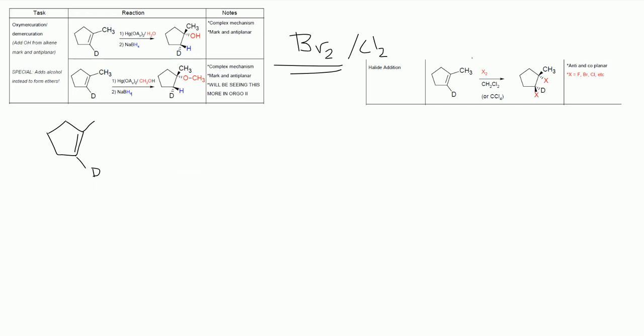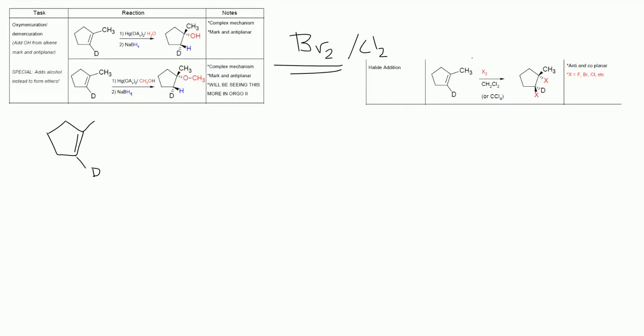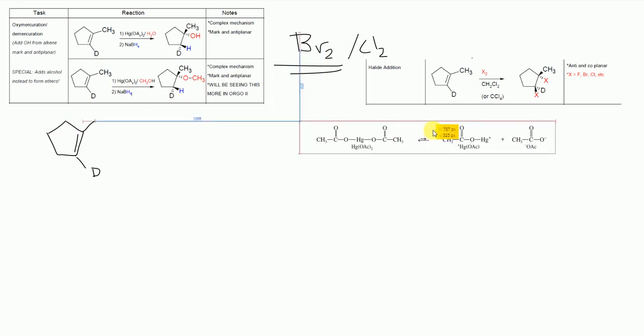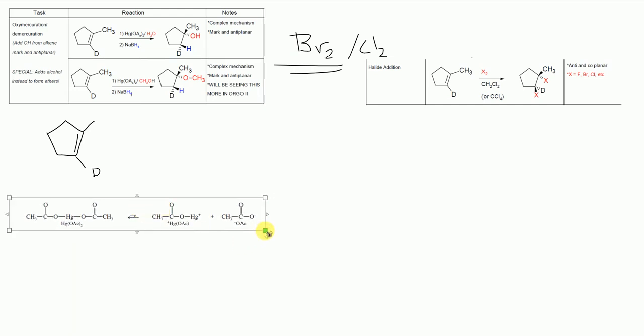I'm just going to take this from the book, and the book will show it best rather than me writing it out all ugly. So when we put in Hg(OAc)2, we have this formation right here.